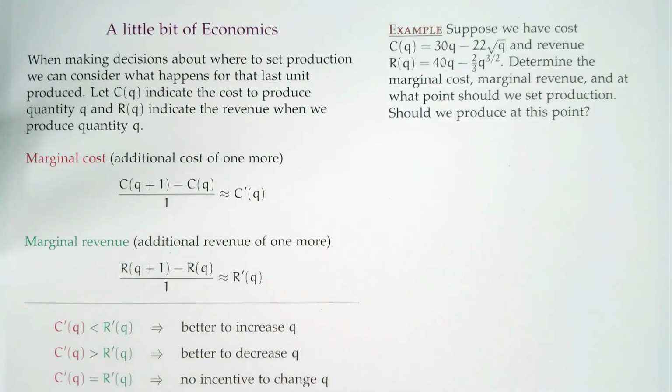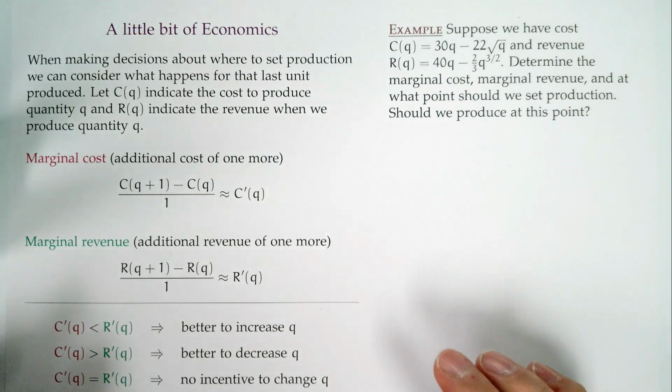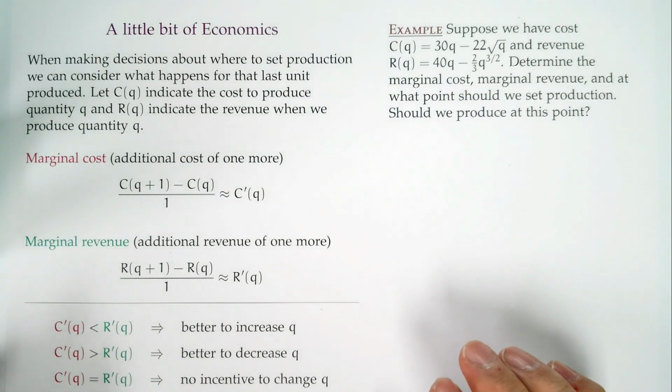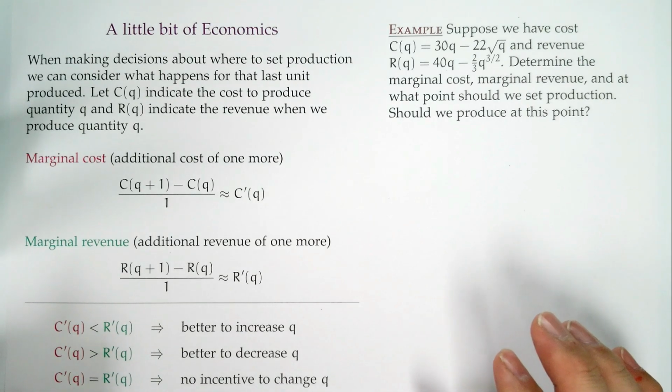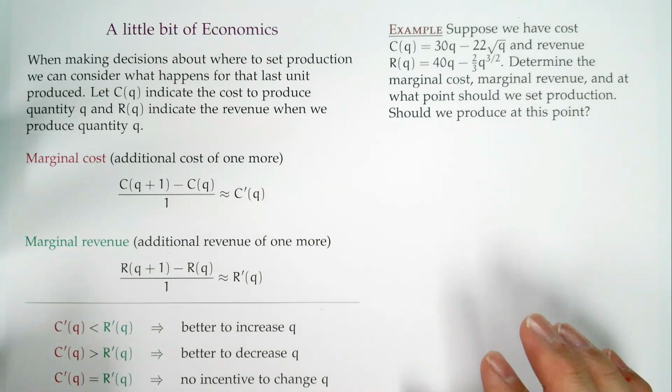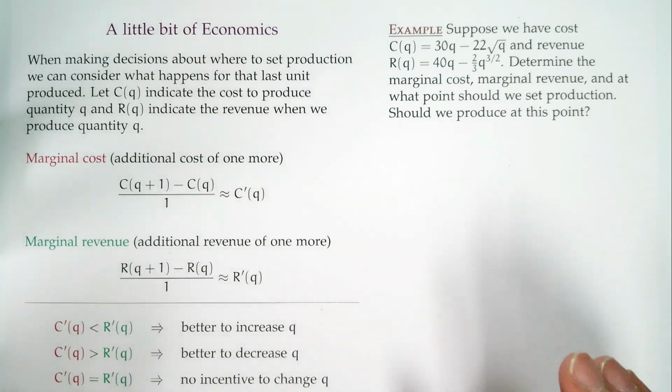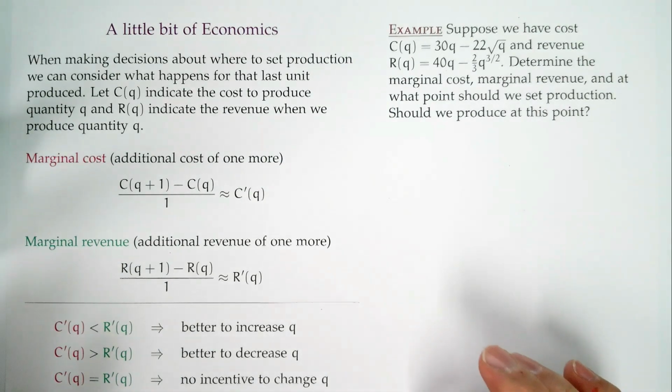Well, oftentimes when we're trying to figure out cost and revenue, it's hard to figure out where's the right place to set quantity. So you might say, maybe you should make quantity such that the cost equals revenue. No, that's terrible. Cost equals revenue means no profit. We want to look at something better because we want profit. We want to stay in business.